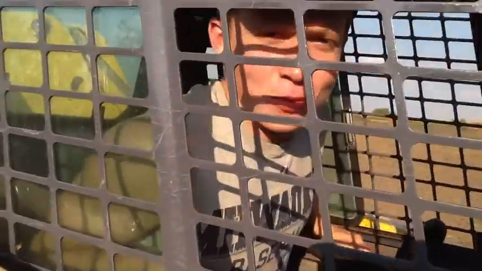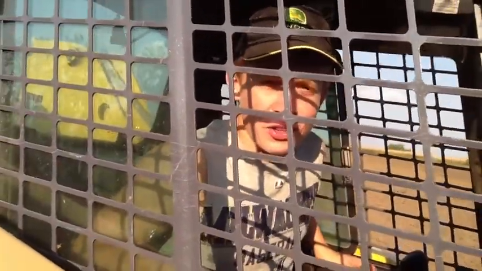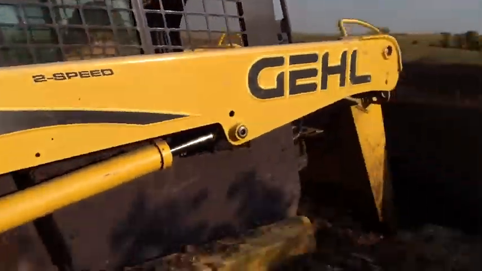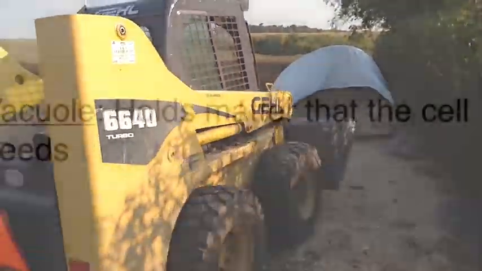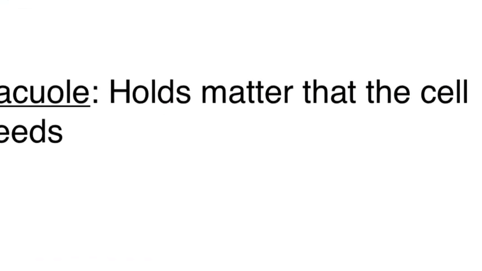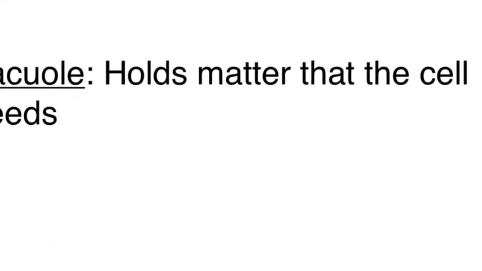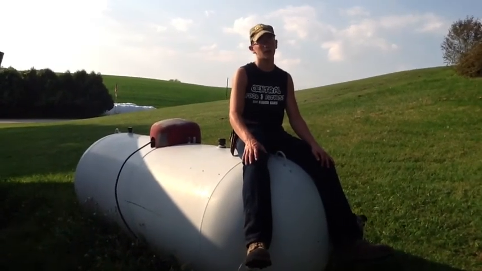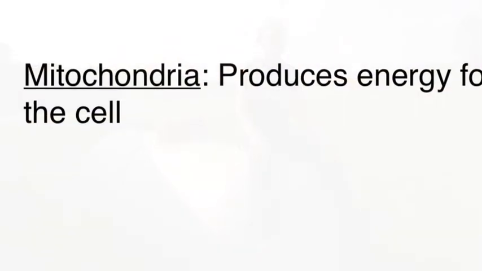The centrioles, because they move stuff around in the cell. The propane tank is like a vacuole because it holds matter that the cell needs.